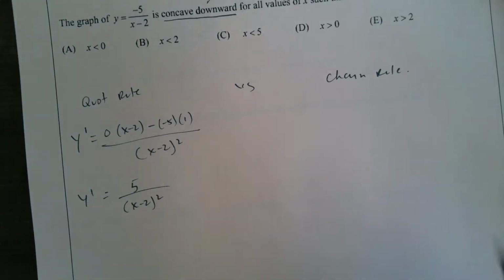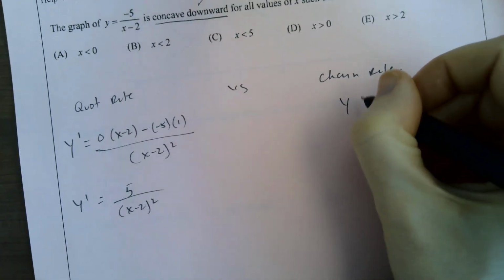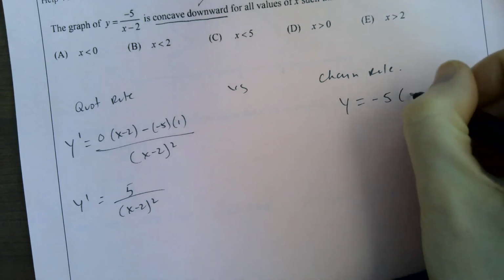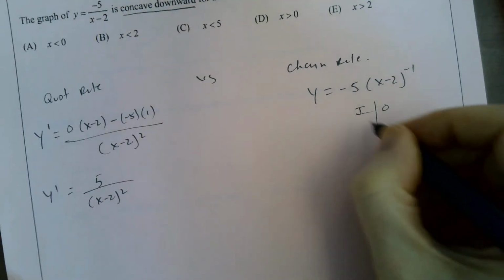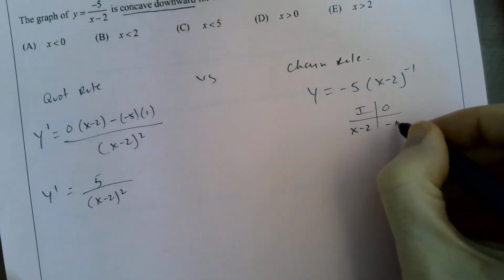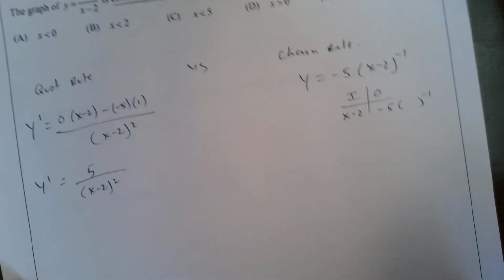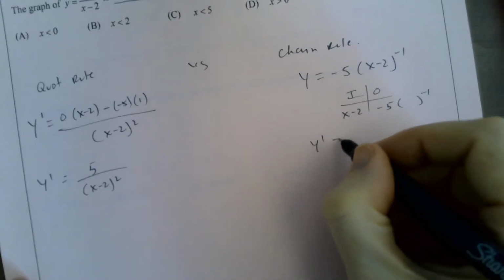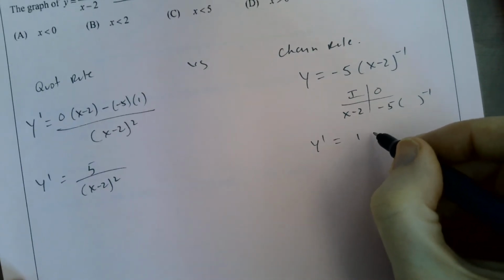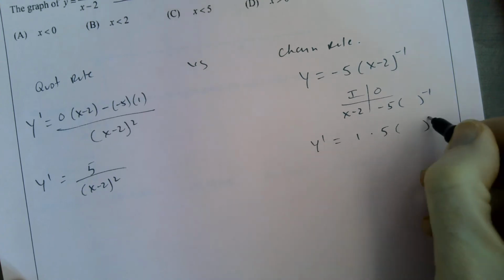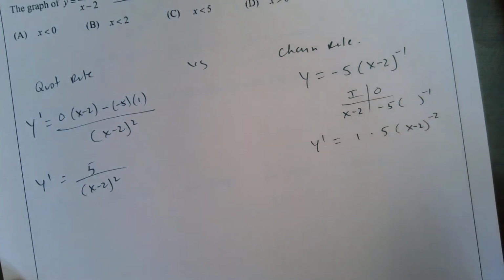Okay, the chain rule way, you could have said it like this. You could have been like, well, y equals negative 5, x minus 2 to the negative 1. And then in and out, x minus 2 inside, negative 5 blank to the negative 1 outside. So y prime, this would be 1, and then that'd be times positive 5 blank to the negative 2, x minus 2.